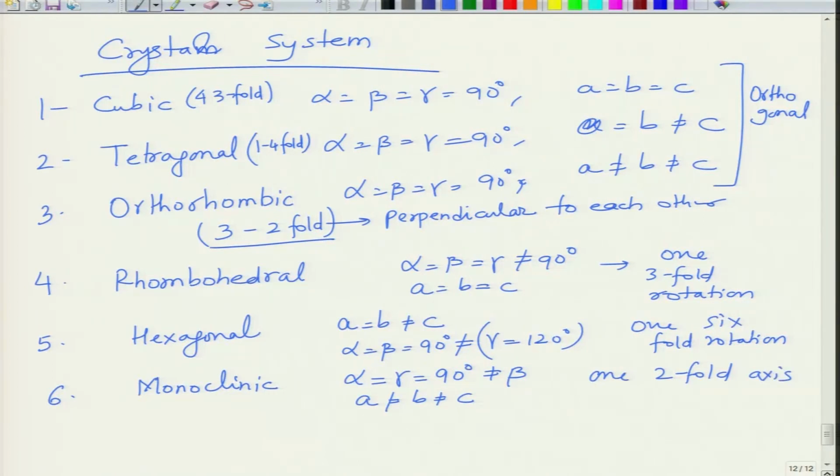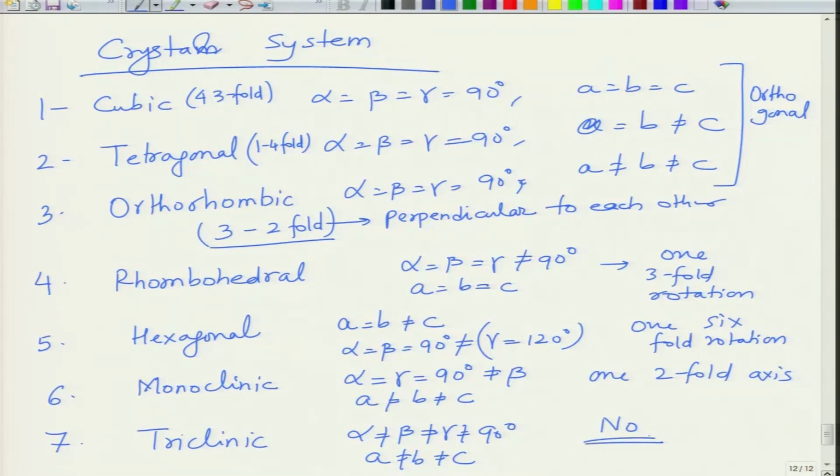Okay, and then seventh is triclinic, for which alpha is not equal to beta is not equal to gamma is not equal to 90 degrees, and A is not equal to B is not equal to C, and it does not have any symmetry element. So, these are the classifications which have been made on the basis of symmetry.